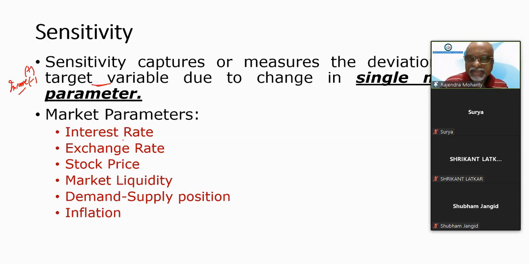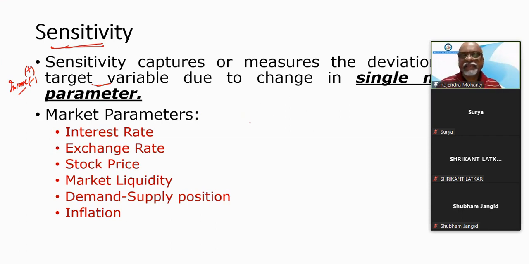So for a single market parameter change, what is the change in our income? That is calculated through sensitivity. For each and every market parameter change, if our income is coming down or going up, that is the sensitivity based measurement of risk.